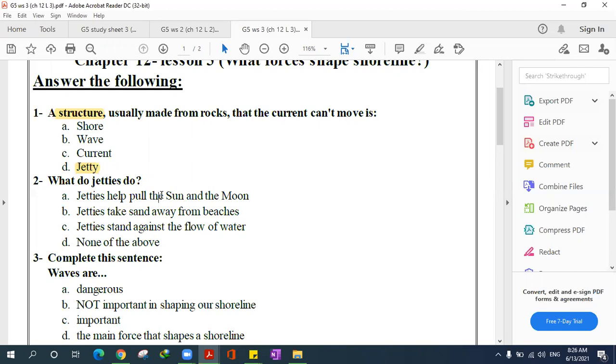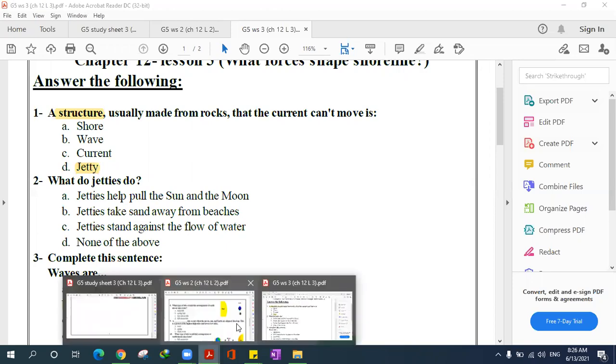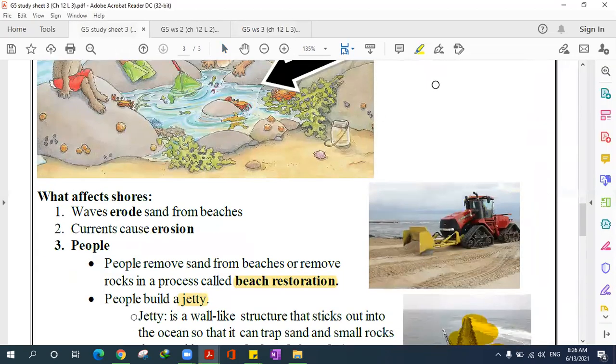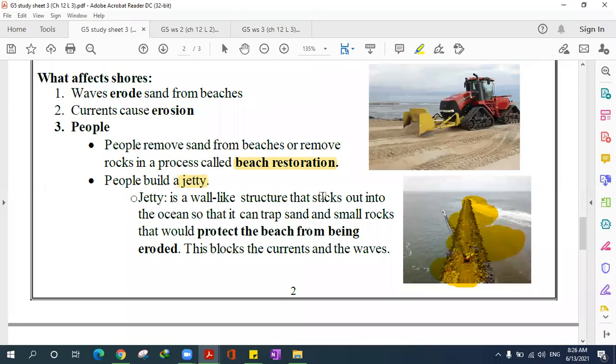Habiba, I want you to look back at the picture of the jetty here. We already explained this before. The jetty is like a group of rocks people actually put. I remember, it's done by the people. The waves became weaker. Yes, so it weakens the waves.